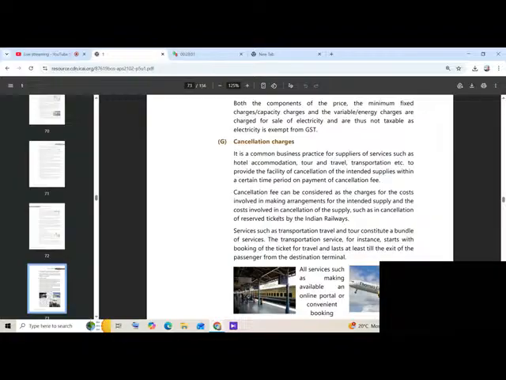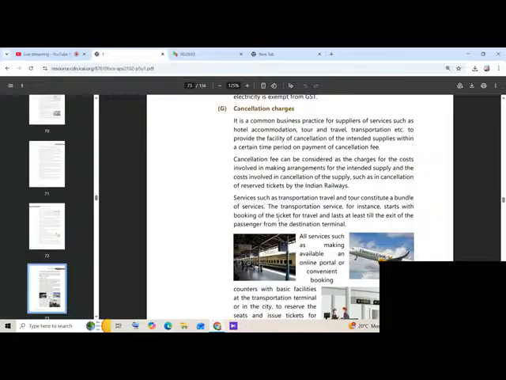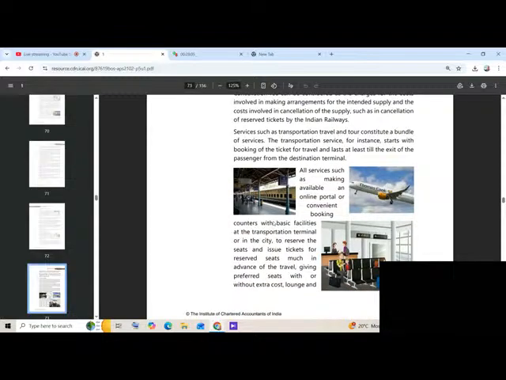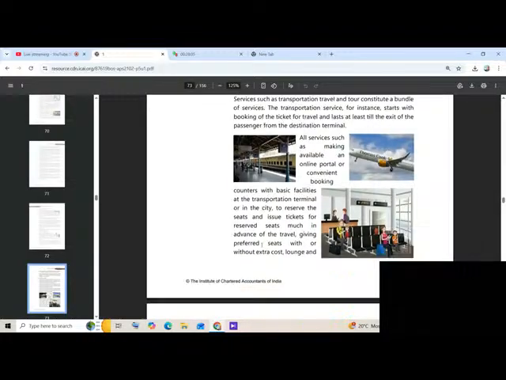Cancellation fee can be considered as charges for the costs involved in making arrangements for the intended supply and the costs involved in cancellation of the supply, such as in cancellation of reserved tickets by the Indian Railways. Services such as transportation, travel, and tour constitute a bundle of services. The transportation service, for instance, starts with booking of the ticket for travel and lasts at least till the exit of the customers from the destination terminal.